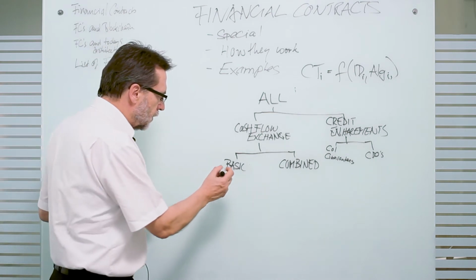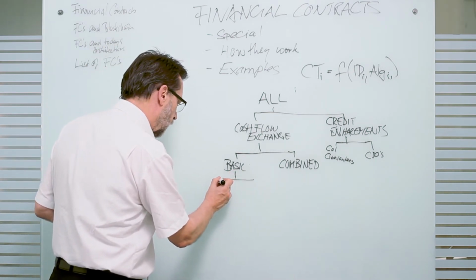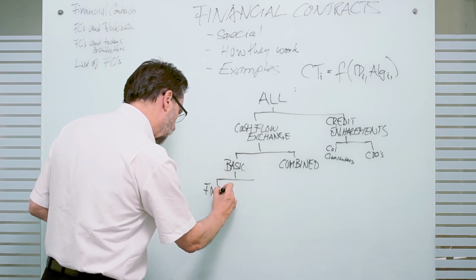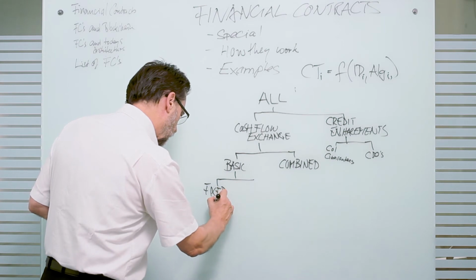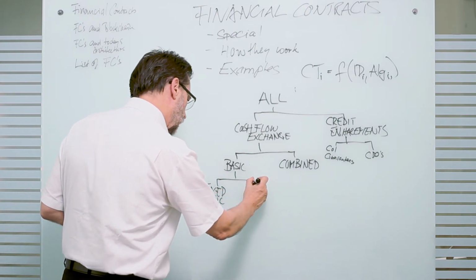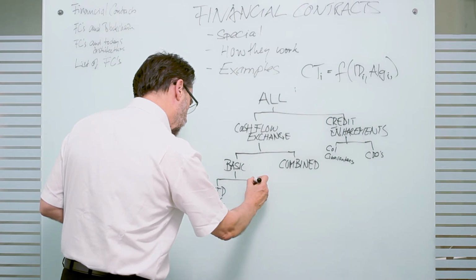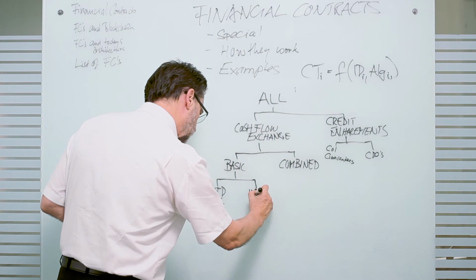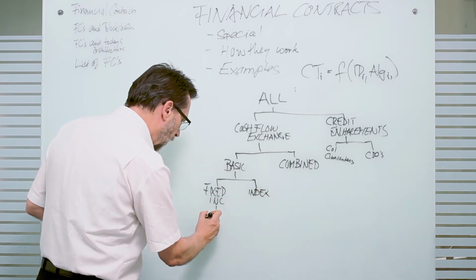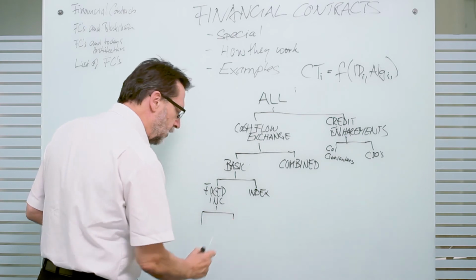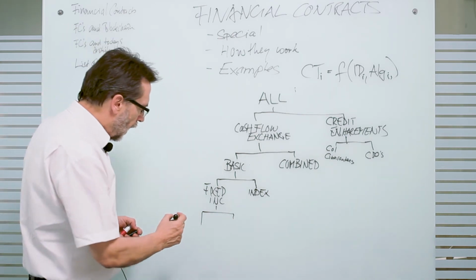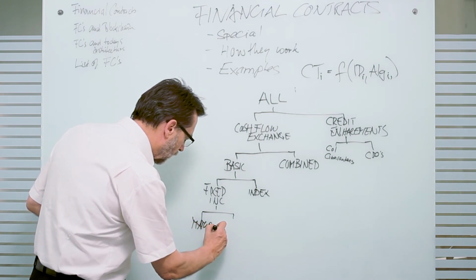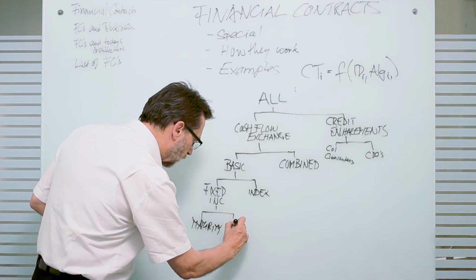Basics are made up of fixed income, which is the first, and then we have the index contracts. Fixed income is everything which is related to interest, and we have here maturity, and here the non-maturity.